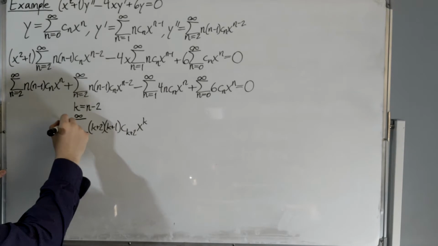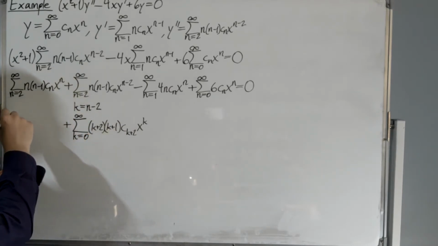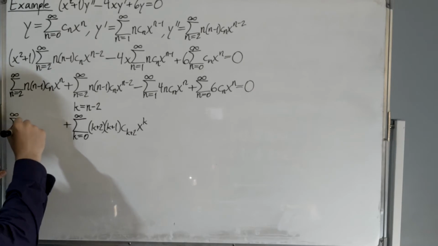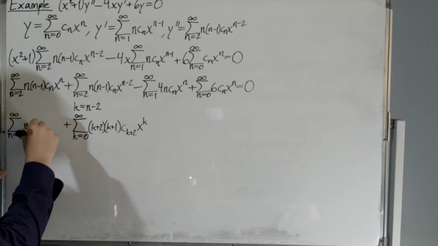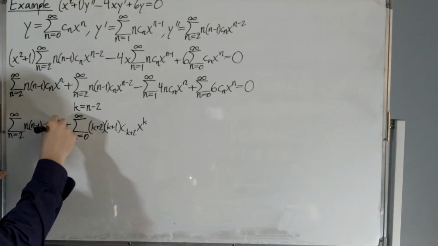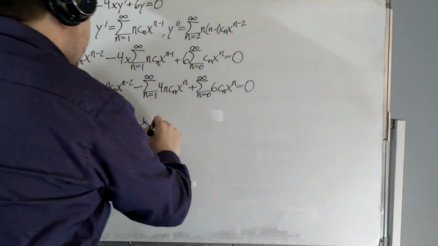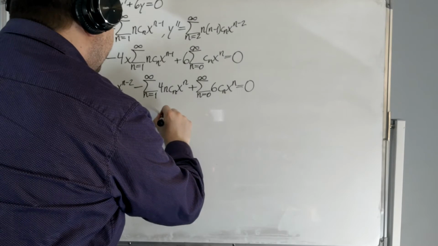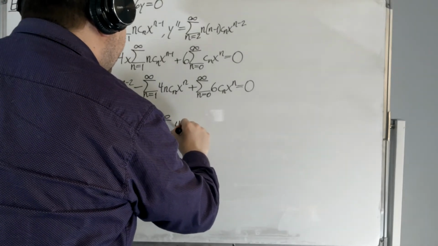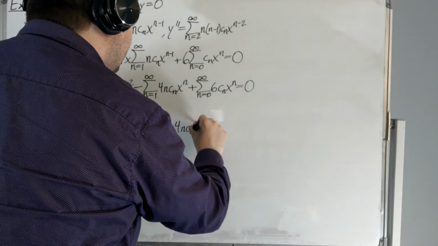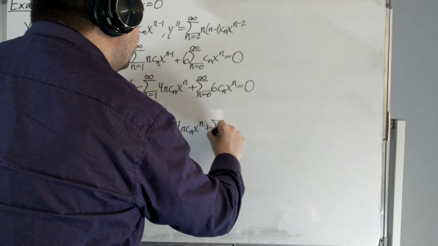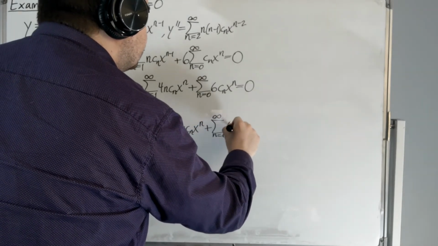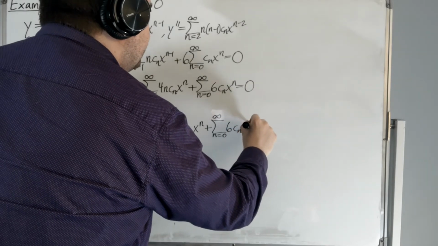Meanwhile, we still have these other terms: the sum from n equals 2 to infinity of n times n minus 1, c_n x to the n, and then minus the sum from n equals 1 to infinity of 4n c_n x to the n, and then plus the sum from n equals 0 to infinity of 6 c_n x to the n equals 0.